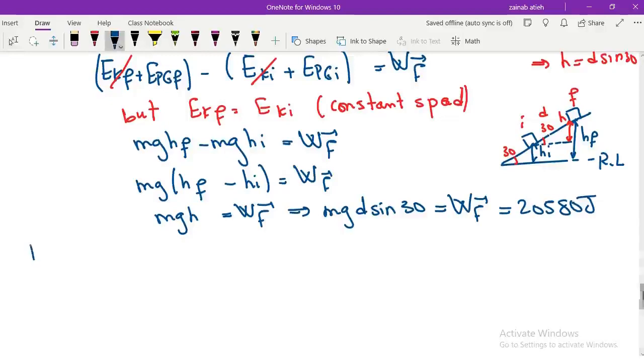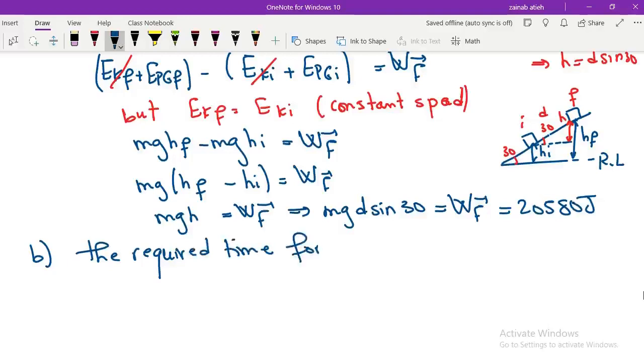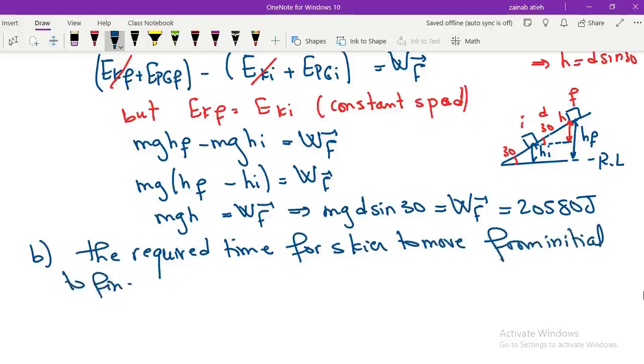Part B: the required time for the skier to move from initial to final position is T equals D over V.